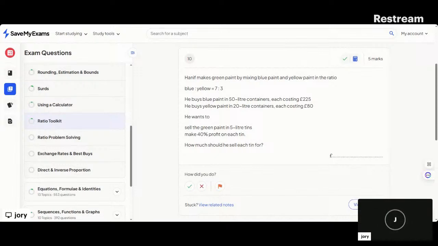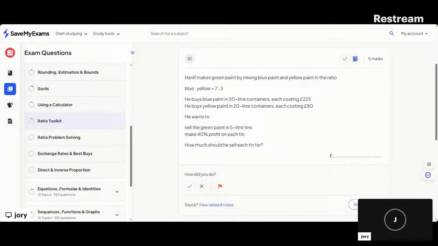14. 300 divided by 20 is 15 containers. So 14 times 225 is 3,150 euros.